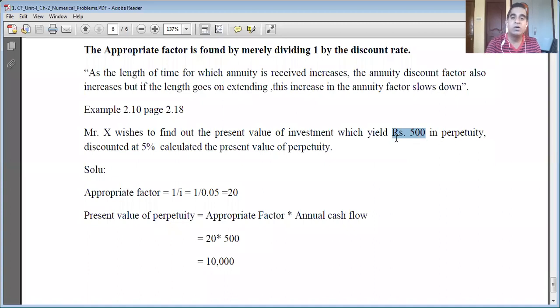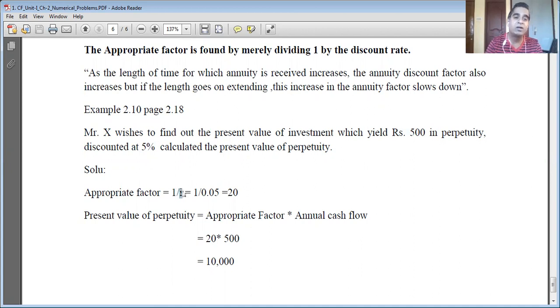Then you need to know in which bank they are receiving it. From the same bank, you can go to the website of the bank and find out the interest rate on savings bank account. Just consider the interest rate on savings bank account. That is nothing but your small i. Then you can divide 1 by that interest rate.